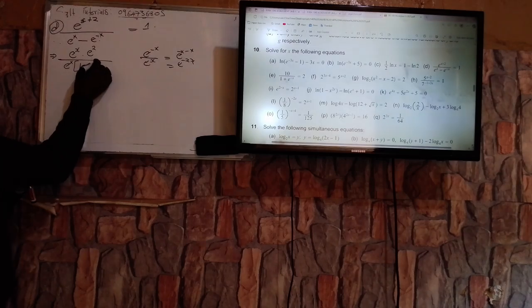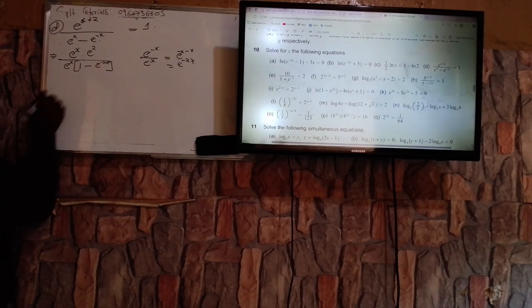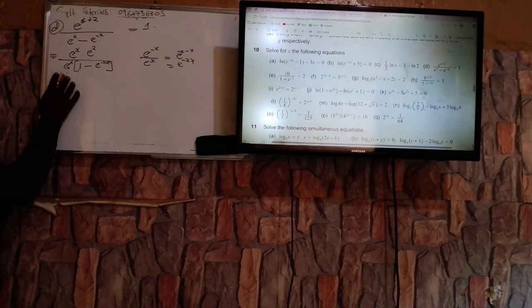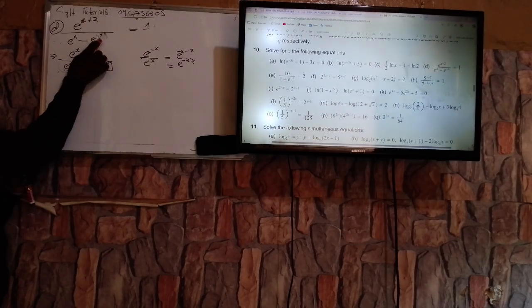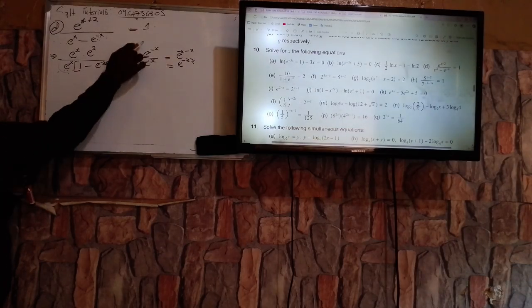Remember when you're factoring, if I'm factoring e power x, each term will be divided by the factor. E power x divided by e power x is 1. E power negative x divided by e power x is e power negative 2x, from the exponential properties.